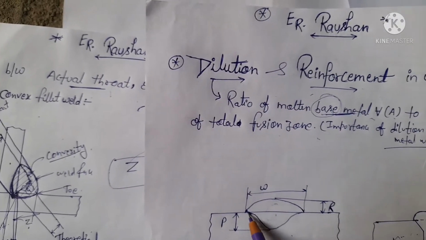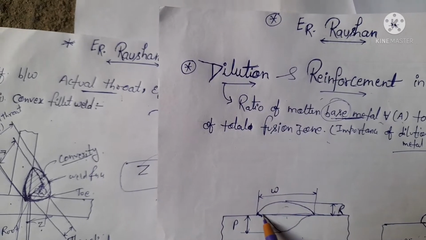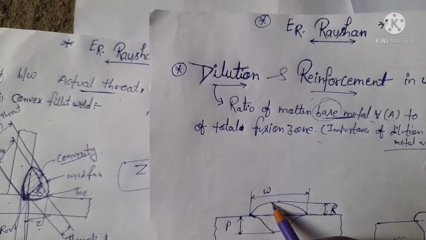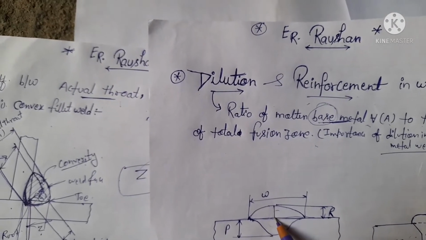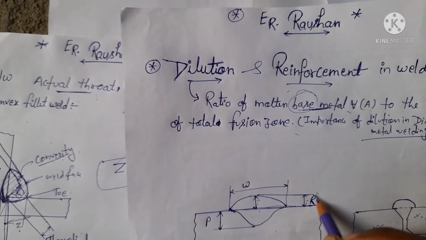This base plate has extra welding from here to here, and this distance is known as the reinforcement.